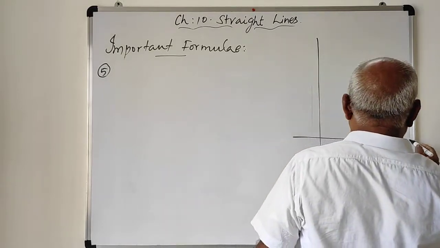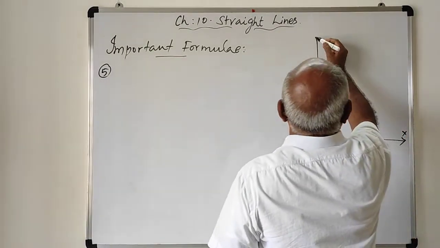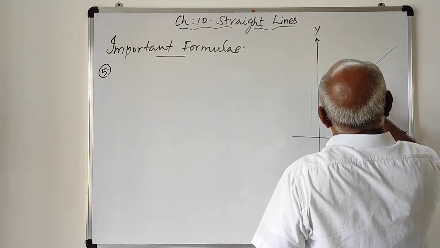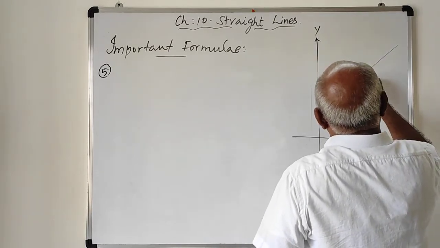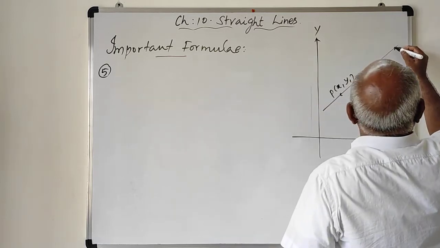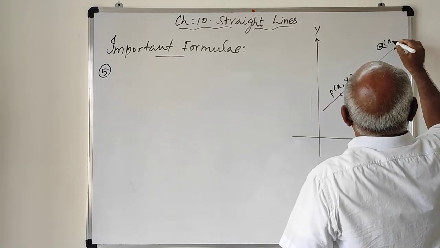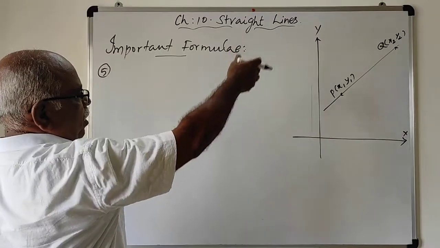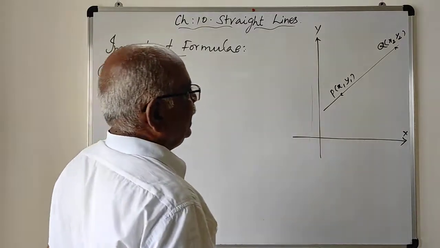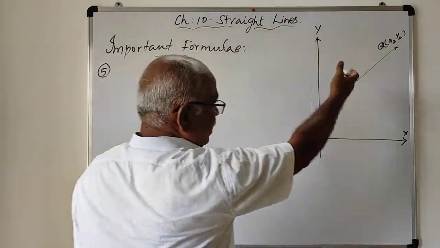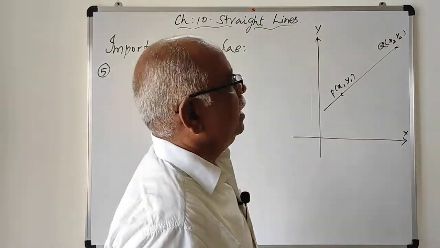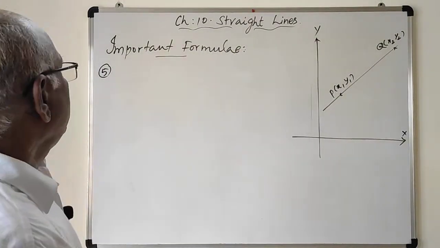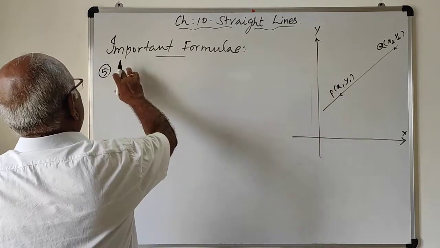See, this is the x-axis, and this is the y-axis. Consider a point P (x1, y1) and Q (x2, y2). The distance between the two points PQ is something you have studied already in 10th standard. Let me recall the result now.